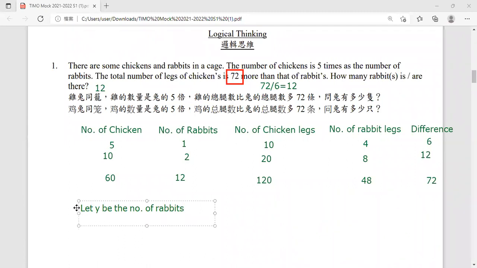Then 5y times 2 minus 4y will be equal to 72. Just that easy. So 6y equals 72, and you get y equals 12. Both methods are okay.